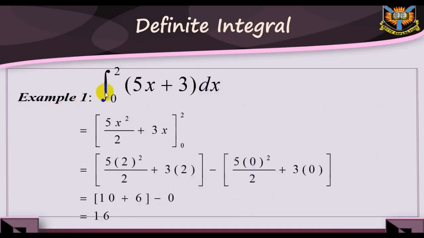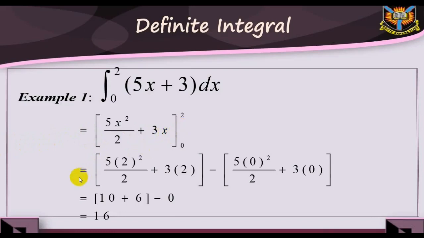Example 1. The integral of 5x plus 3 in brackets dx within the limits of 0 and 2 equals 5x squared over 2 plus 3x within the limits of 0 and 2.